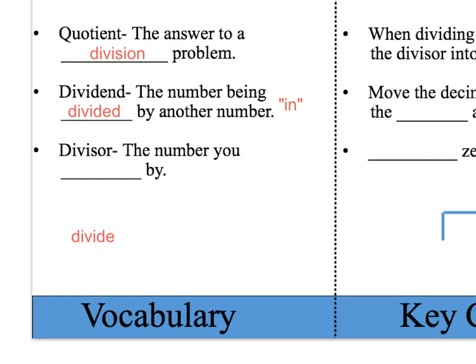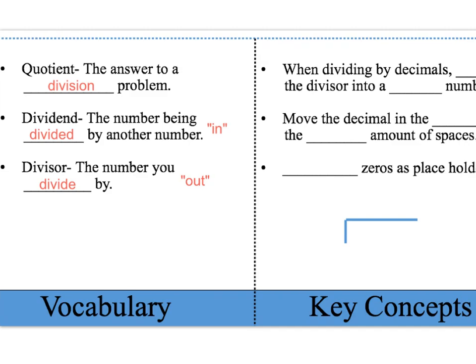And the last vocabulary word is divisor. That is the number you divide by, and let us think of that as our out. So we've got in and out. The dividend would be our in, and our divisor would be our out.